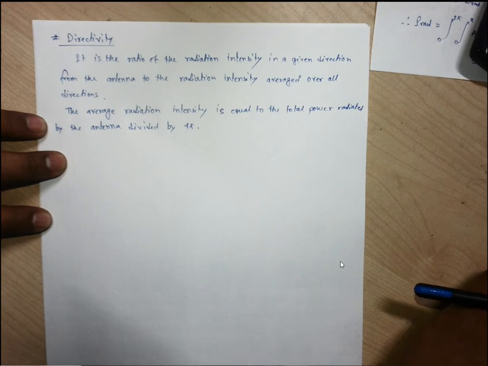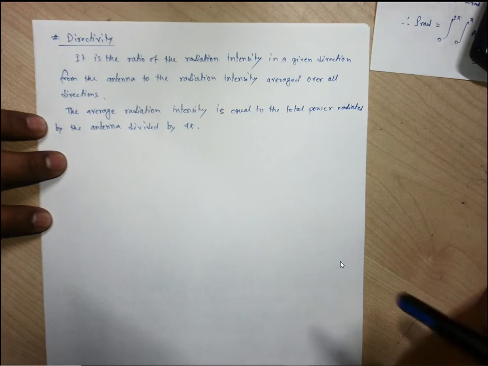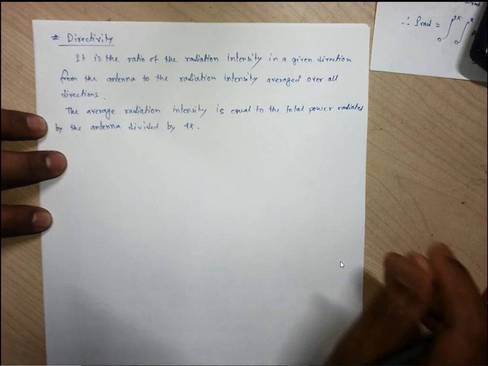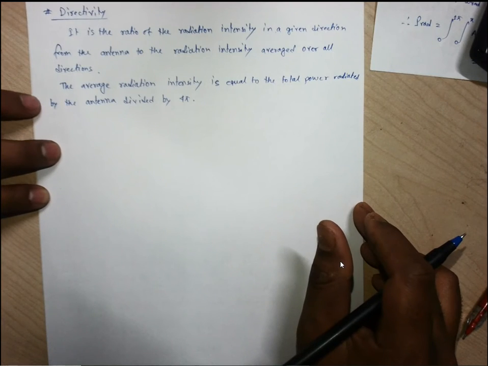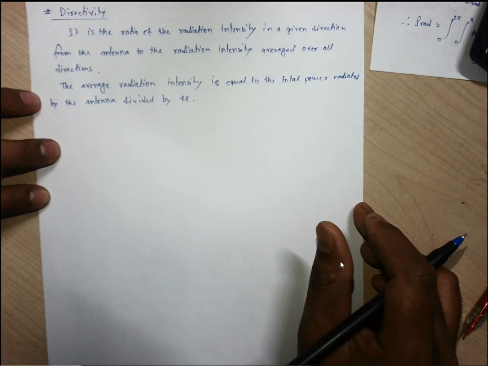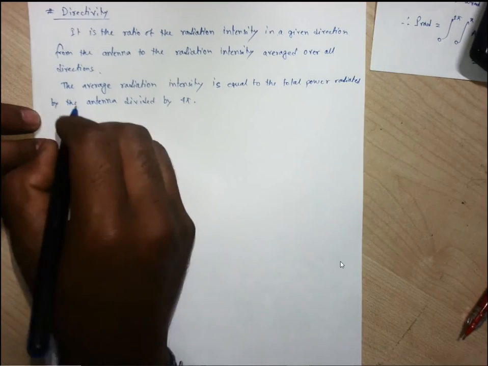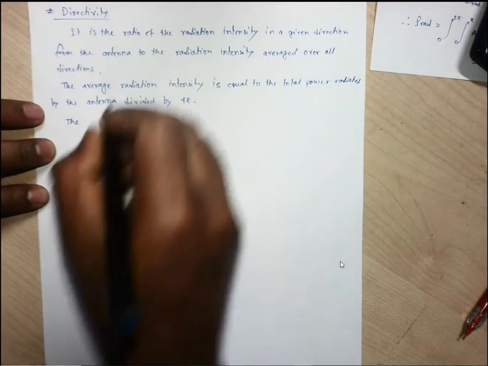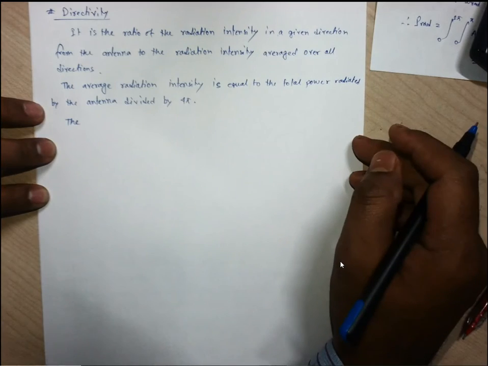Then we can say, with respect to this isotropic source, we have the radiation in that direction. So for any non-isotropic source, the comparison is with respect to an isotropic source, the same as what we considered, averaged over all directions.